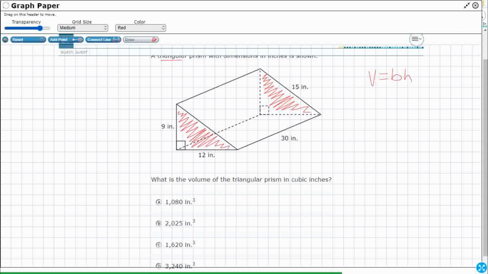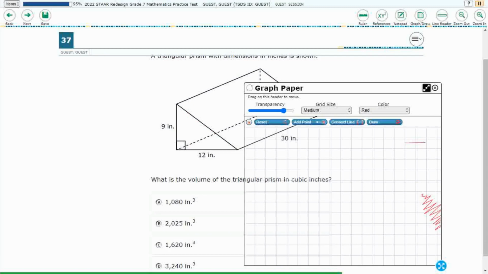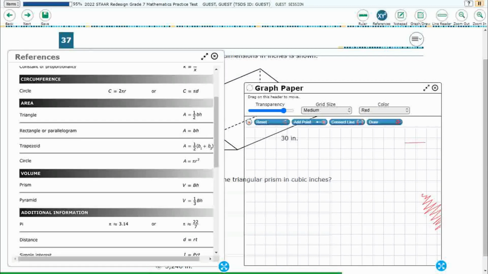In order for me to find the base, I actually need to find the area of the triangle. In case I am not sure how to do that, that's also going to be on our reference material. The area of a triangle, you see that towards the top, area equals 1/2 base times height.